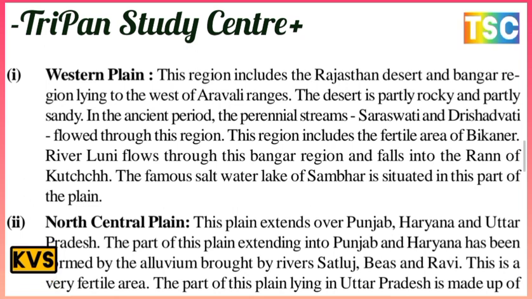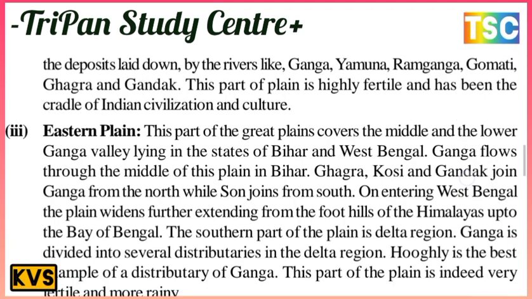The part in Uttar Pradesh is made up of deposits laid down by rivers like Ganga, Yamuna, Ram Ganga, Gomti, Ghaghara and Gandak, the most important rivers flowing in Uttar Pradesh. This part of land is highly fertile and has nurtured Indian civilization and culture.